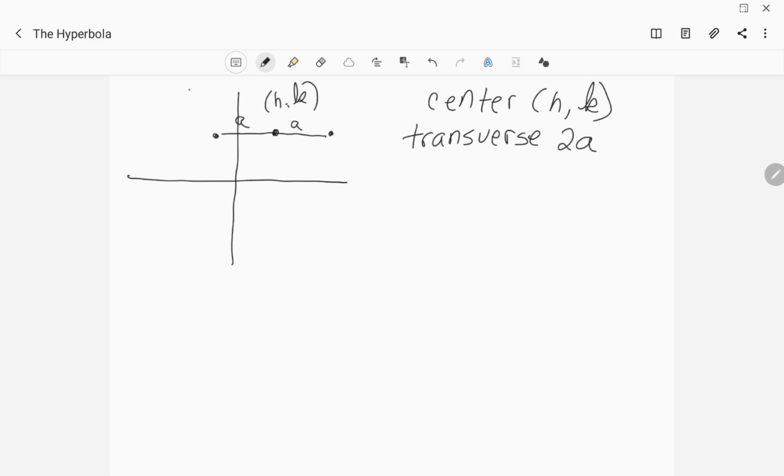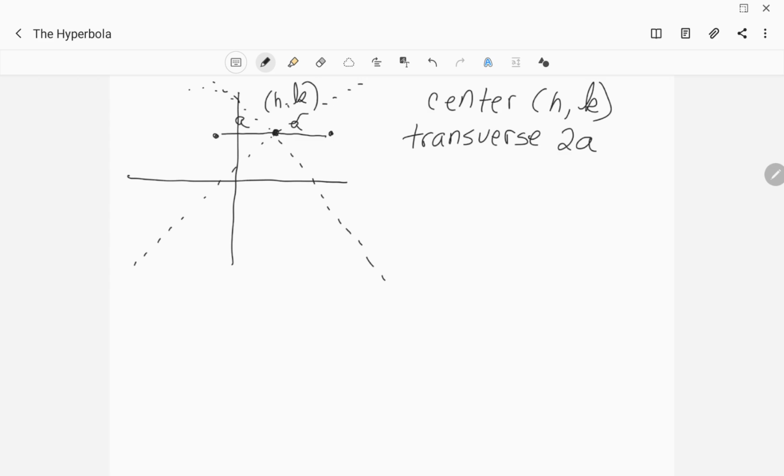So there are two asymptotes. One will be going diagonally in one direction. Let's say it ends up going like this. And one would be going diagonally in the other direction. Let's say it does this. I kind of curved it off.